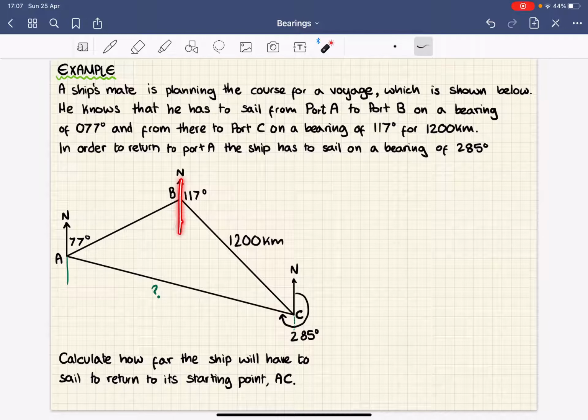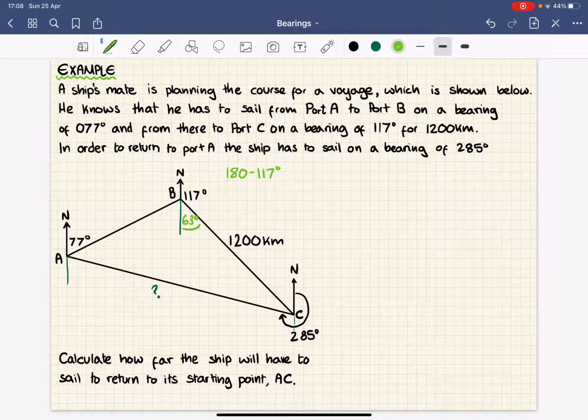So in order to find out this angle in here, all I have to do is 180 take away that 117 degrees. And doing 180 take away the 117, that is just going to give me 63 degrees.